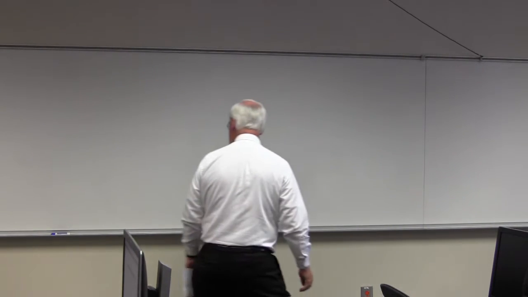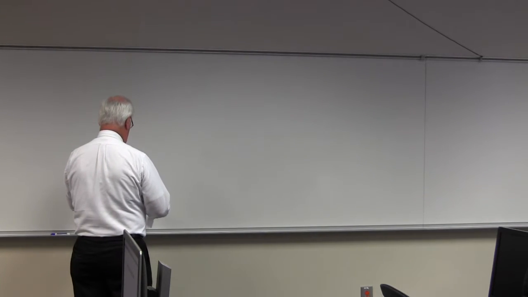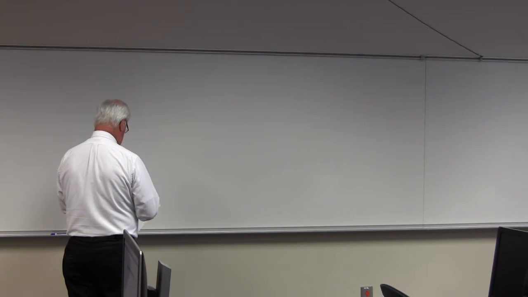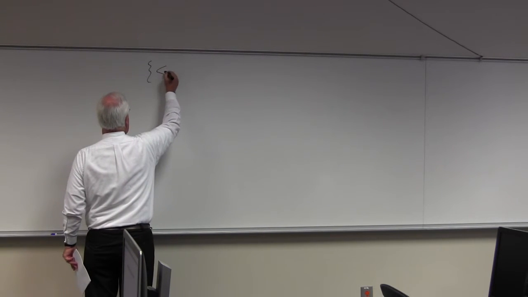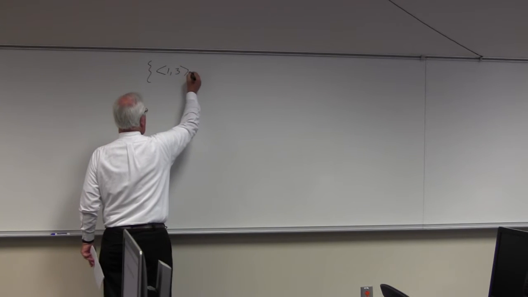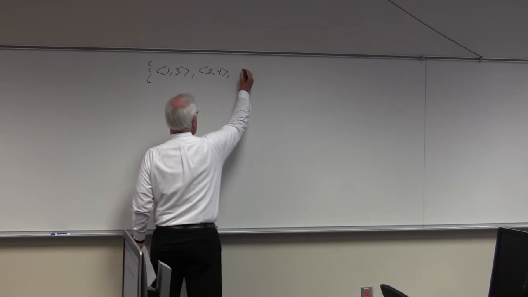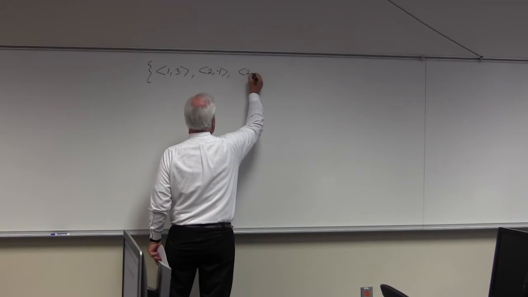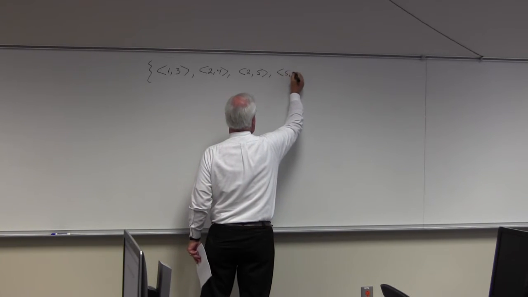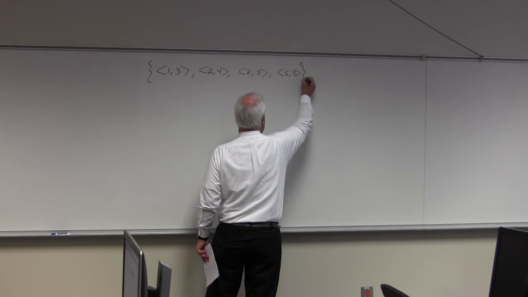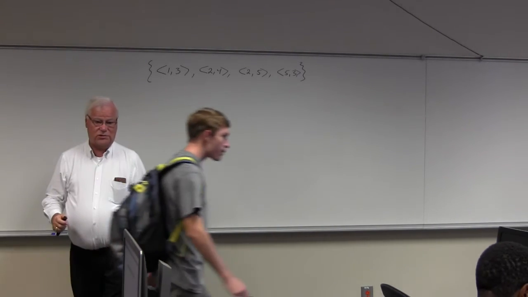So for instance, if we were to create a relation like this, okay, we're mapping integers over integers.